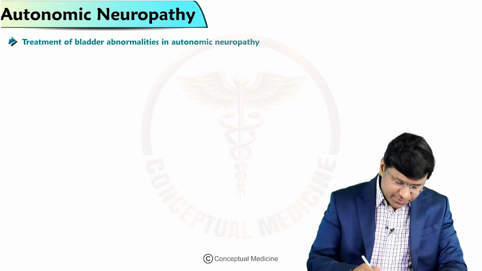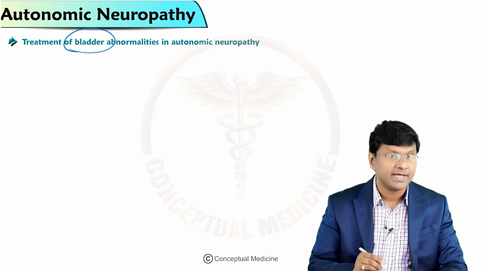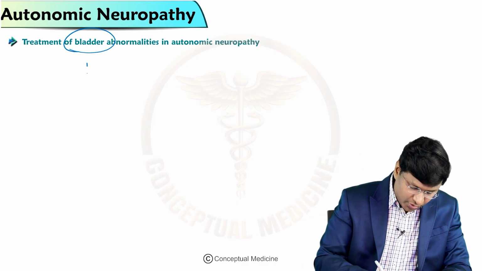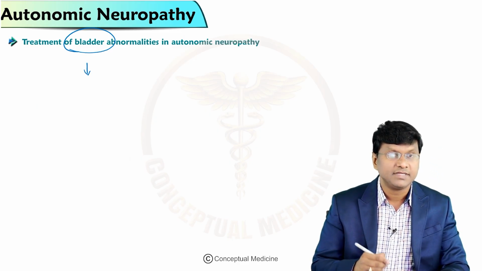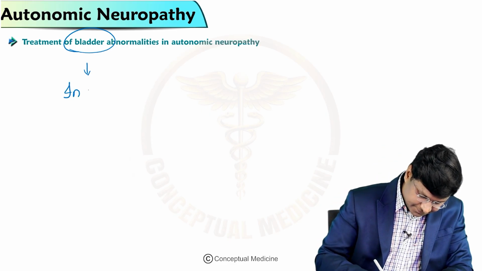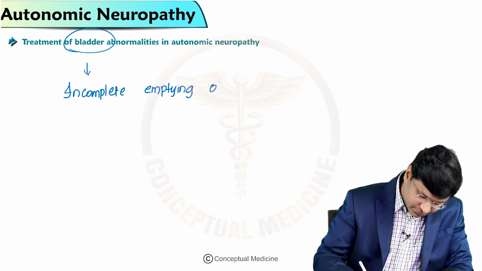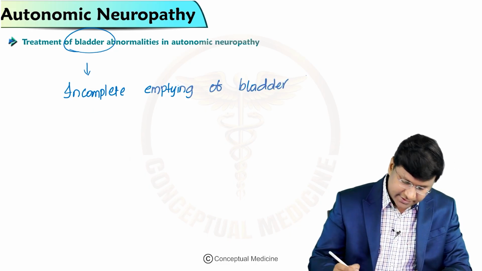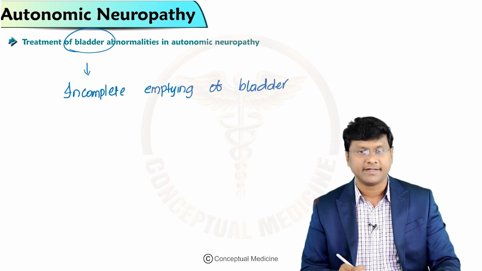Now, these patients with autonomic neuropathy also have the problem of bladder abnormalities. So what is that bladder abnormality? That bladder abnormality is in the form of incomplete emptying of the bladder.